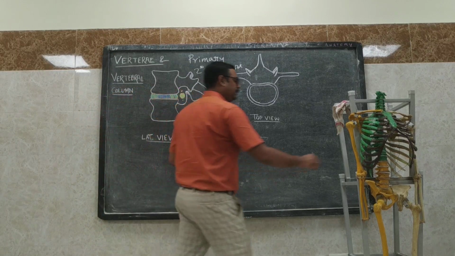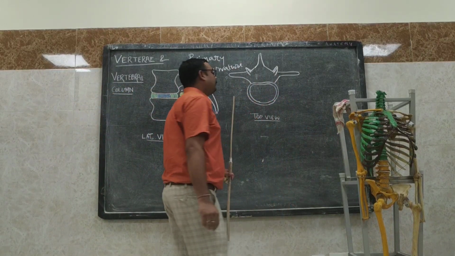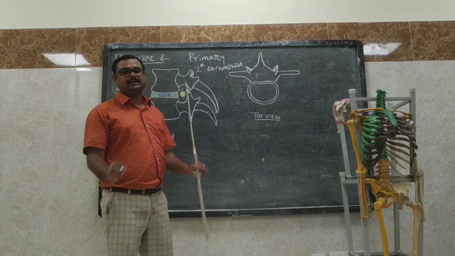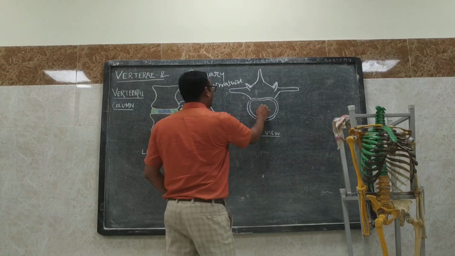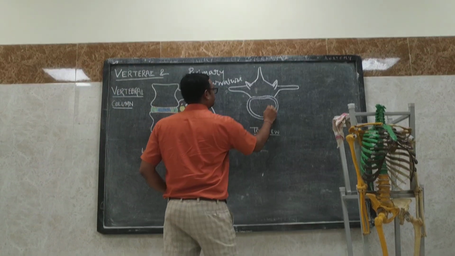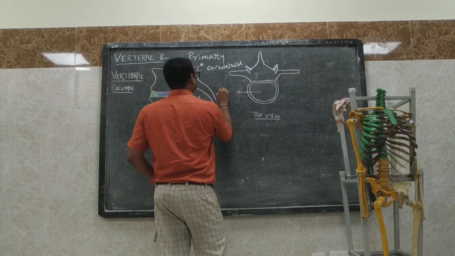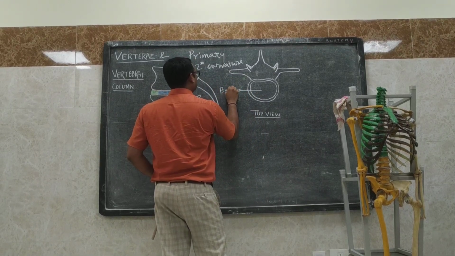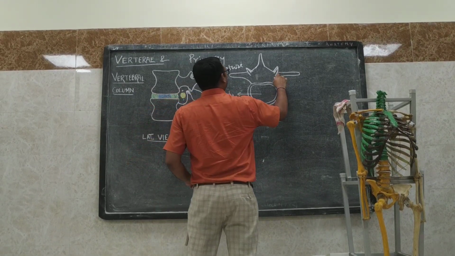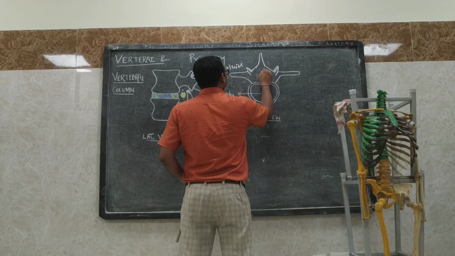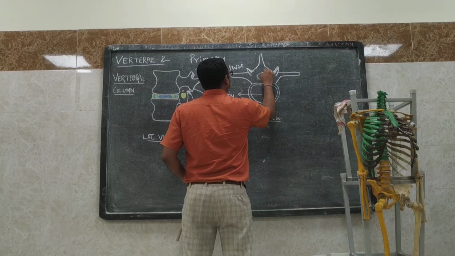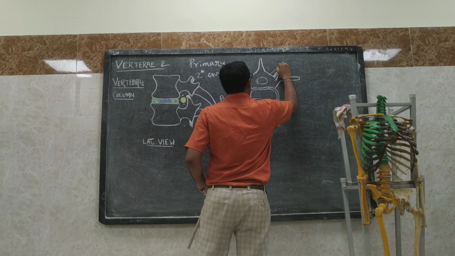Now, the vertebra is composed of two basic parts. One is the body, another one is this part. We call it the neural arch.